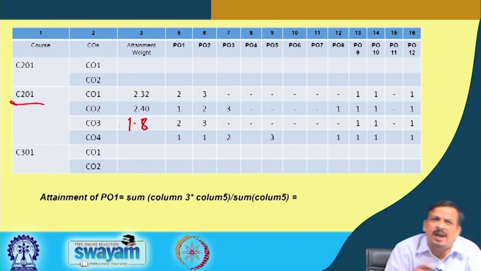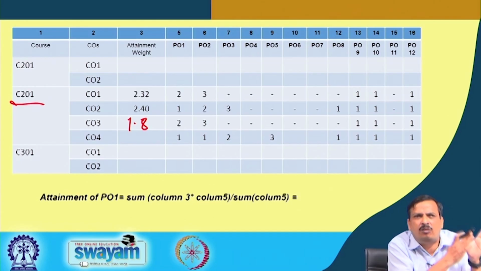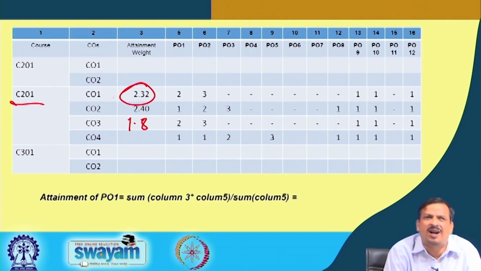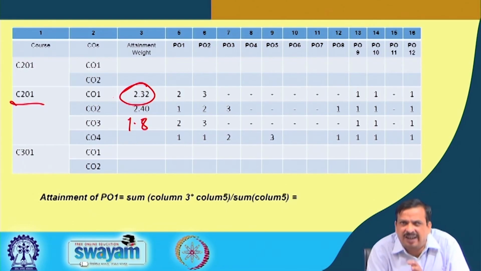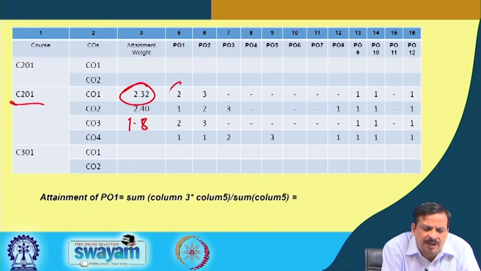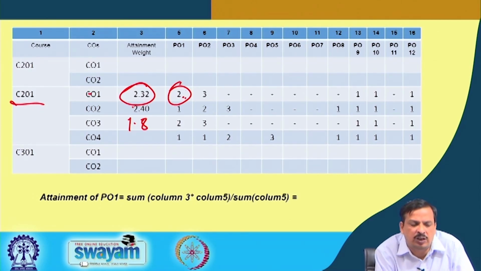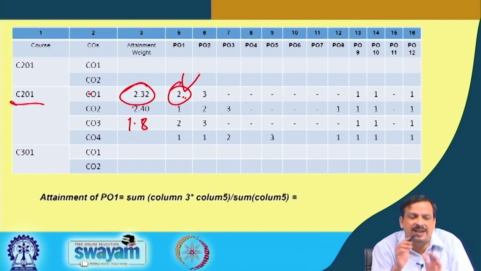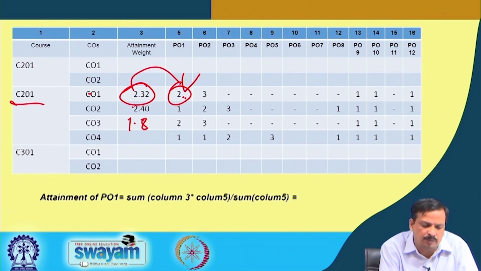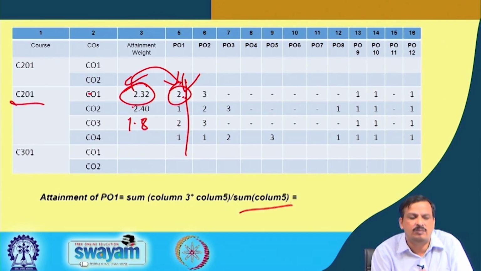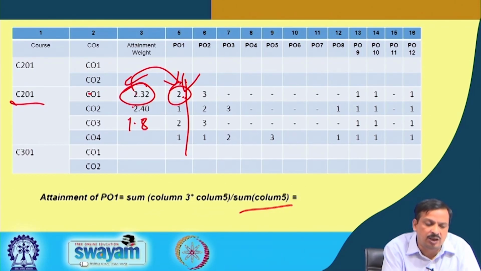Now again, the same formula as for direct attainment. This is the attainment level of CO1 as per the feedback, and this is the mapping between CO1 and PO1. CO1 is mapped with PO1 with weight 2. So, I can again multiply this with this, sum, and divide by the sum of the weights.